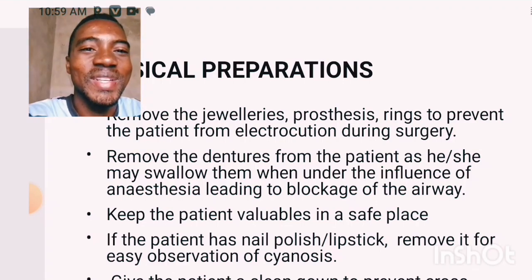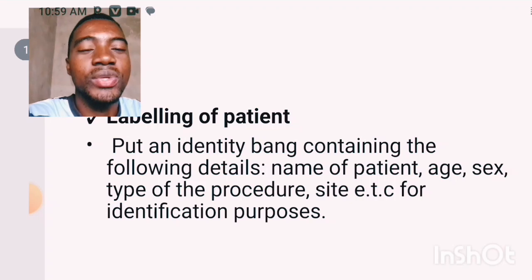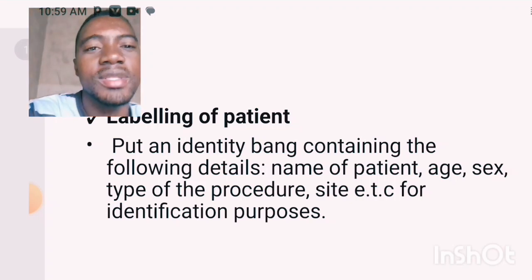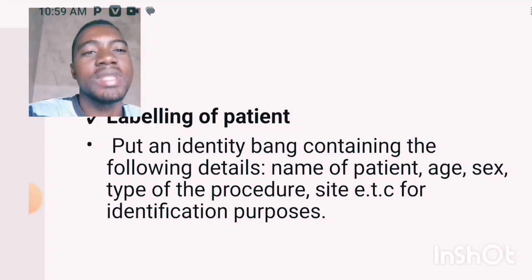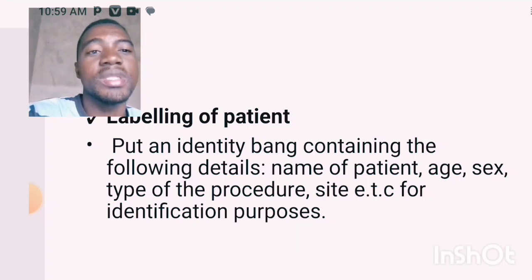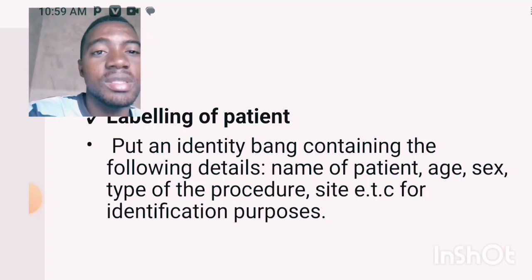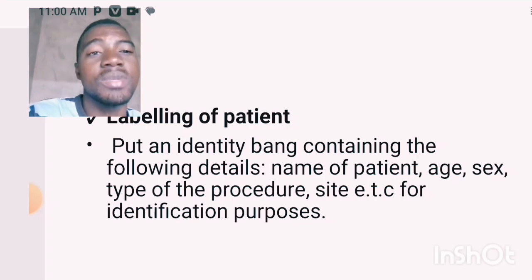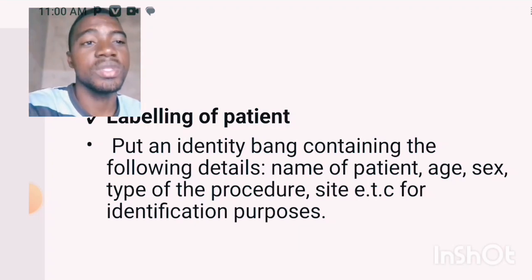Labeling of the patient is very important. I will put an identity band containing the following details: name of the patient, age, sex, type of procedure, and site, for identification purposes. Imagine you bring this patient to the theater without the identity band. It's confusing.